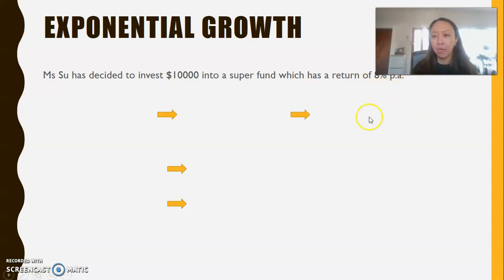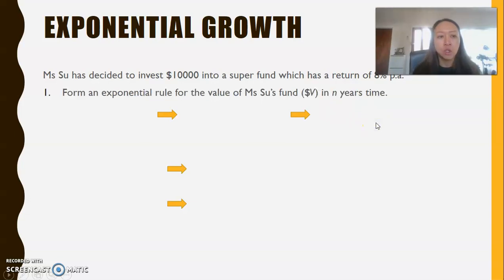PA here means per annum, which means that if I invest into a super fund, I'm going to get a return of 8% of what I've invested every single year. So I'm getting more money, and therefore this is a growth function. Form an exponential rule for the value of Misu's fund, V, in n years' time.